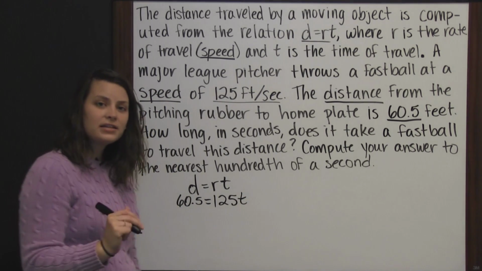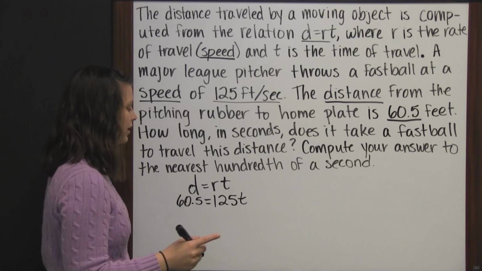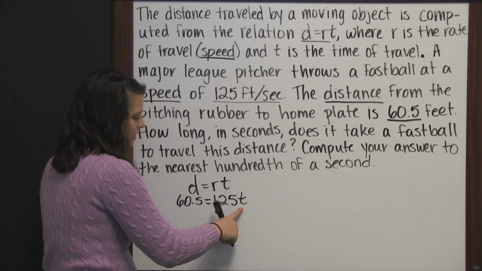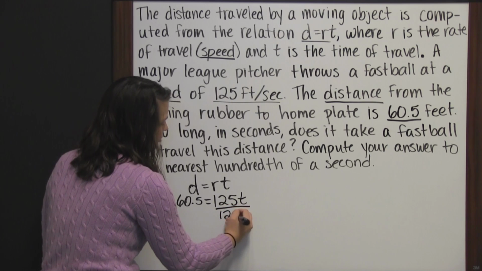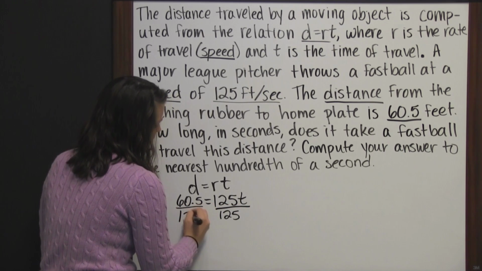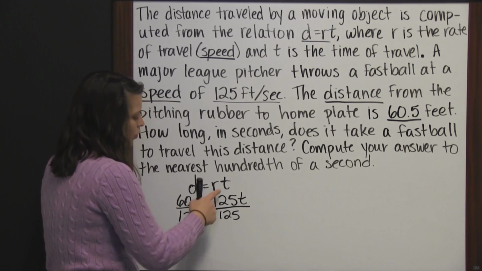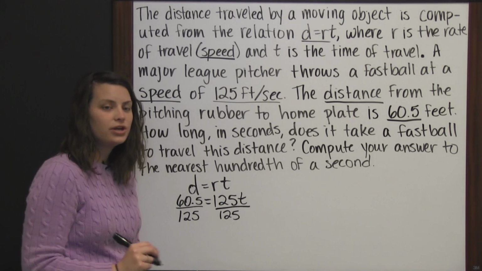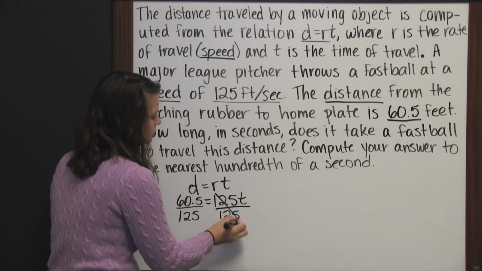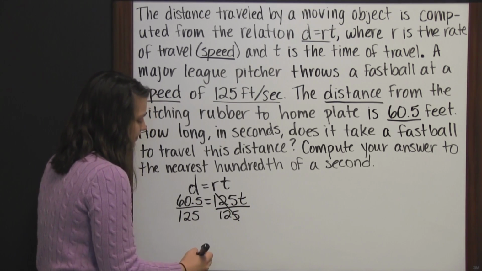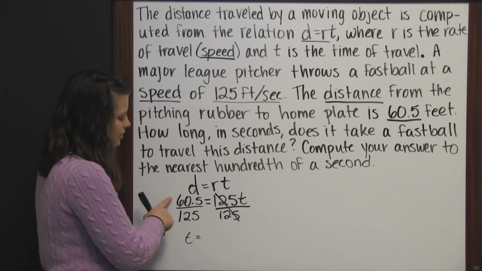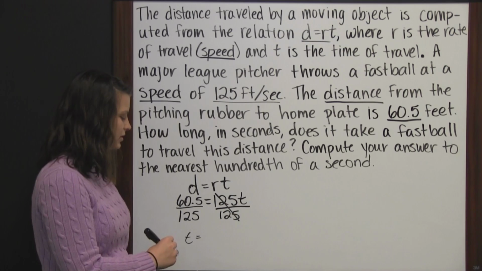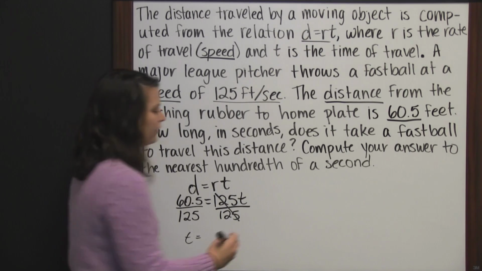So in order to find t, to find time, we need to solve for t by dividing both sides by 125. 125 divided by 125 is 1, times t is t. So to find our answer, we need to divide 60 5/10 by 125.